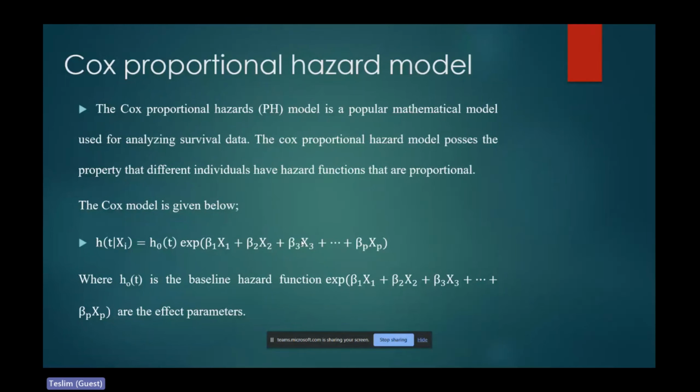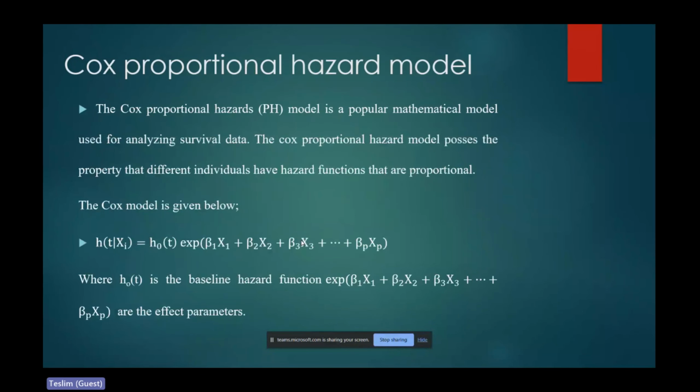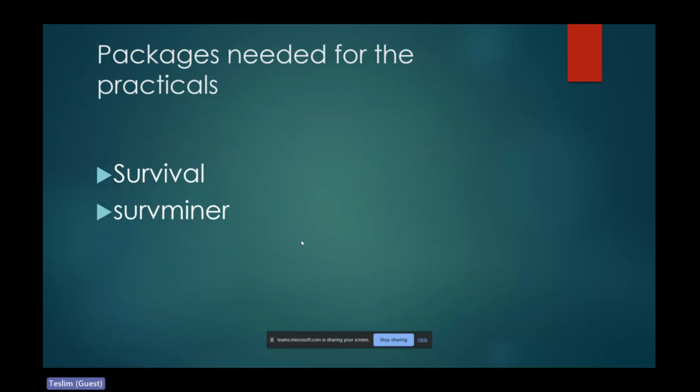The estimated regression coefficient and the hazard ratio are between the groups of covariates. The hazard ratio is used to interpret the Cox proportional hazard model, and it is compared based on its closeness to 1. When we do the practicals, we are going to get it fully.